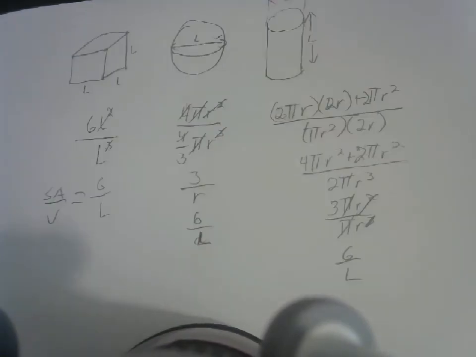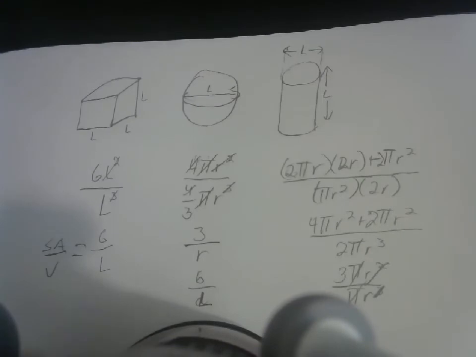Now there are odd shapes that don't have a surface area over volume of 6 over L. It's just that these are a good approximation for symmetrical bodies.